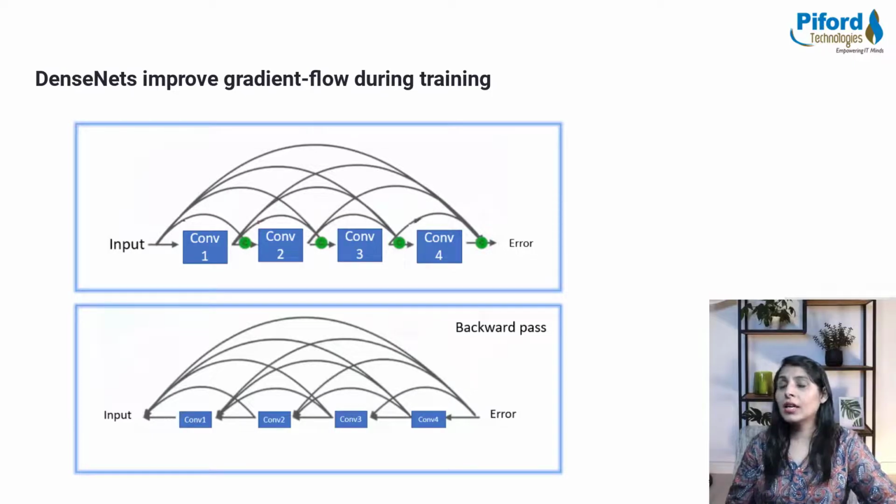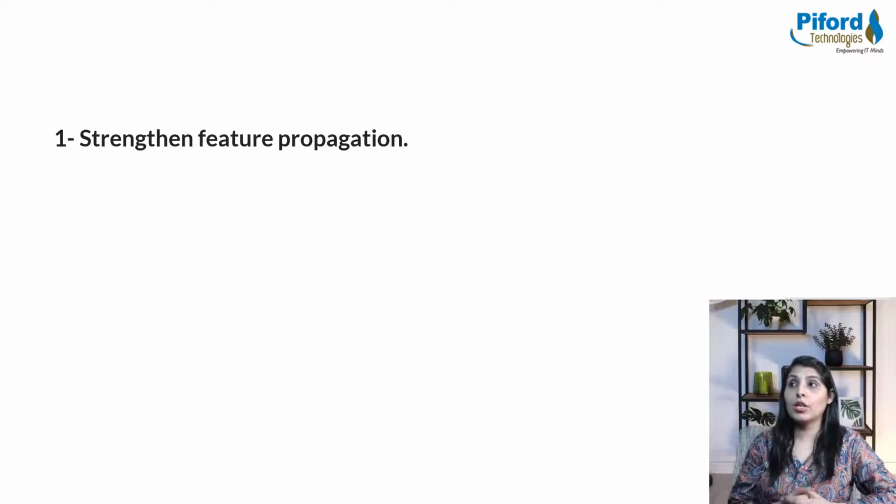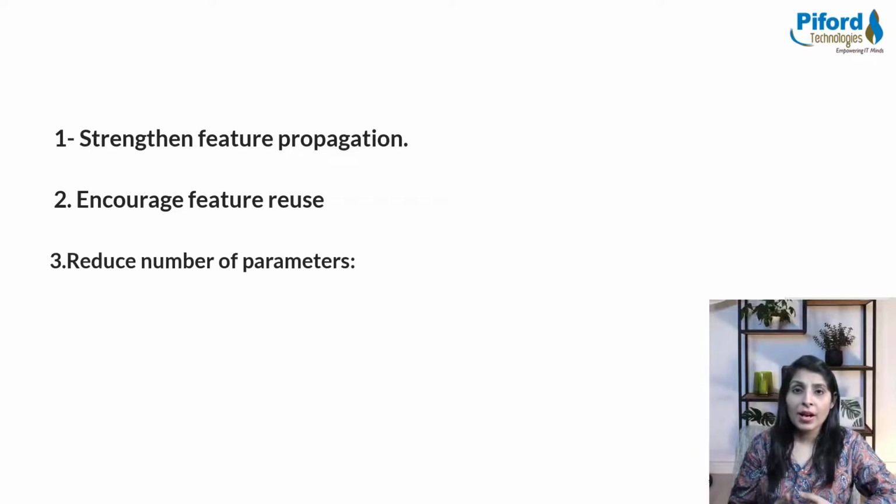Now the next thing, guys, if you have read the DenseNet paper, they mention a few advantages like strengthened feature propagation, or you will hear encouraged feature reuse, and reduced number of parameters. Now what are these things? Strengthened feature propagation. Let's take an example.